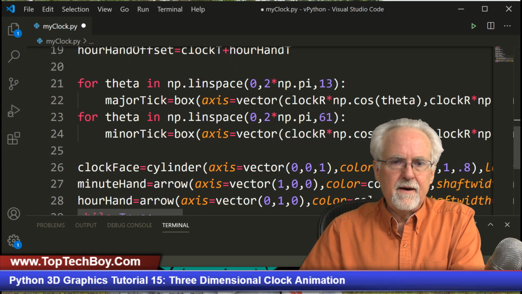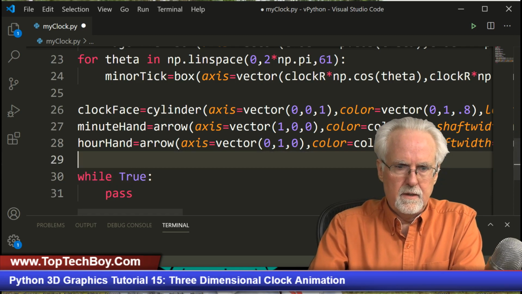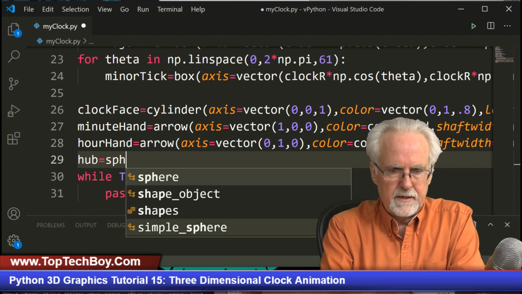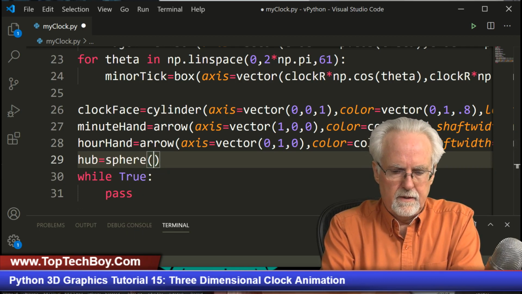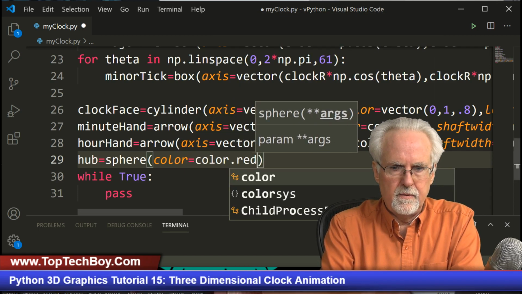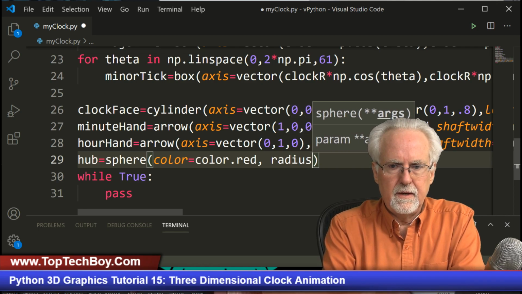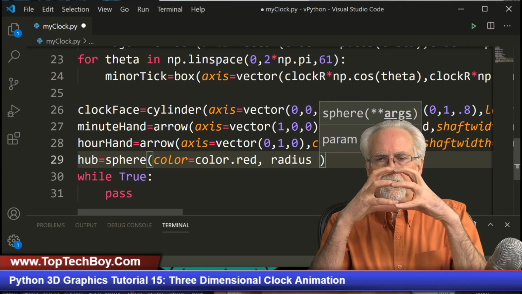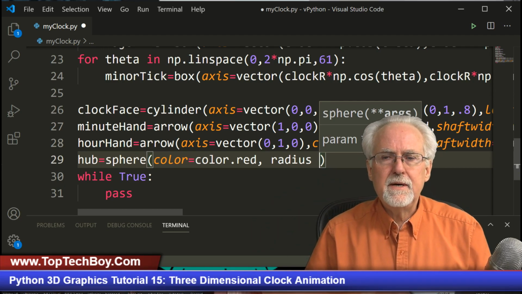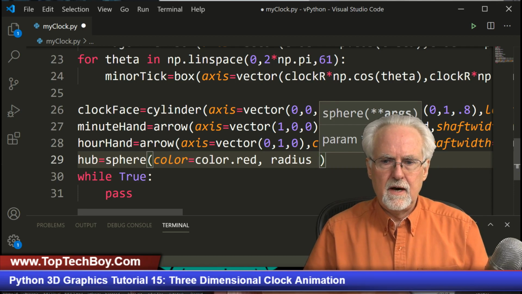And then let's have down here, let's just create a hub, which is going to be a sphere, and it is going to be color equal color dot red, and then the radius. So I'm just going to make a sphere there that it can have things connect to.